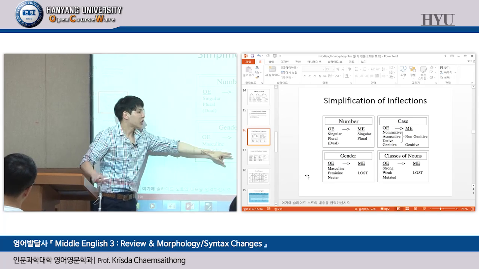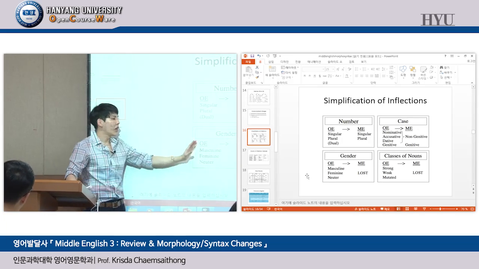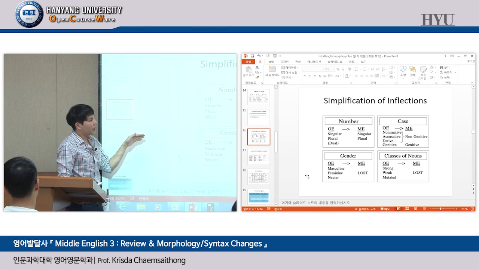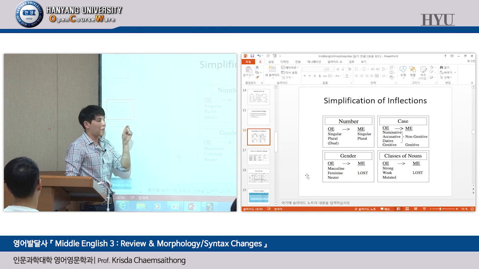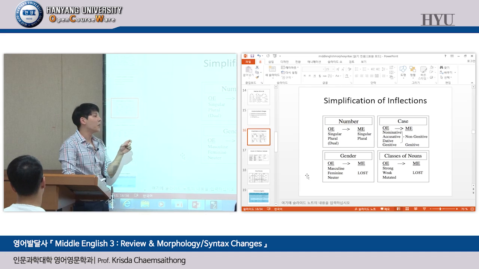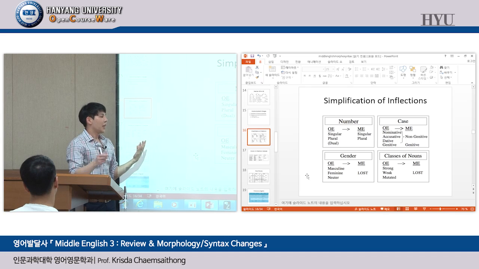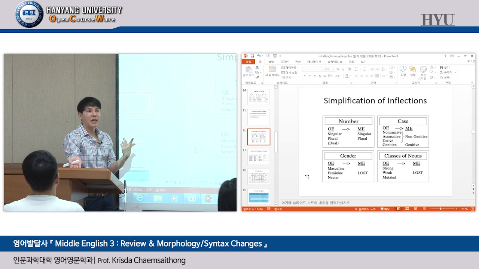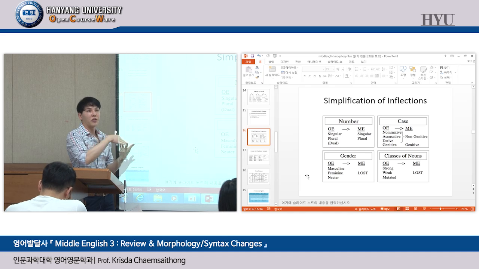Gender lost altogether, and the gender system becomes what we call biological gender. Biological meaning, if this is a male subject, then you refer to it as a he. If this is a female subject, you refer to it as a she.